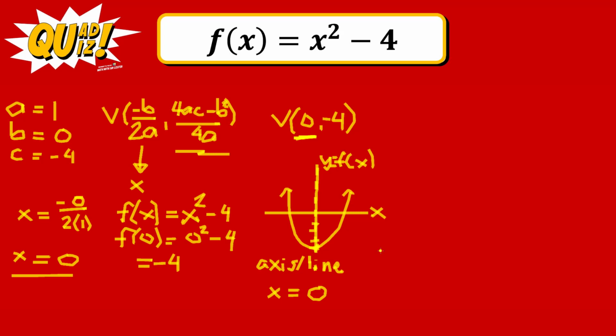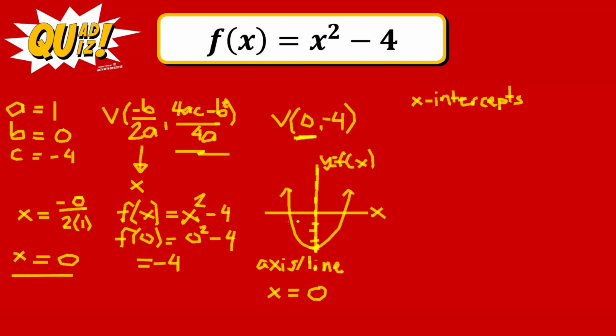The third concern of this video is different from its connection to the vertex, but is all about intercepts, more specifically, x-intercepts. The x-intercepts, in a general sense, are points on the x-axis where our graph intersects it.